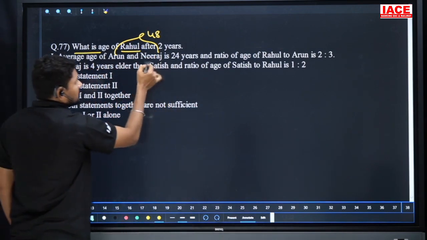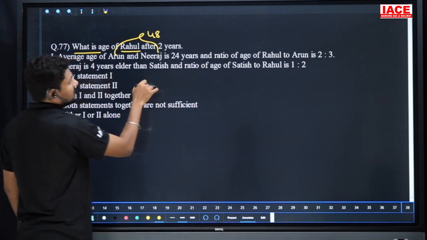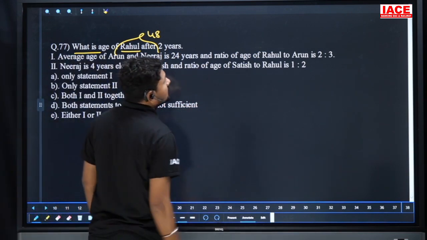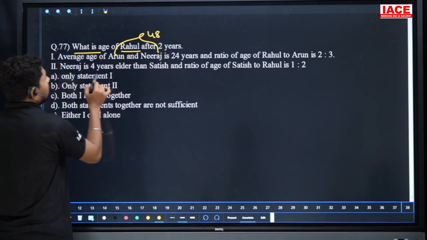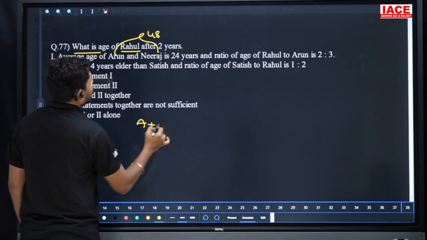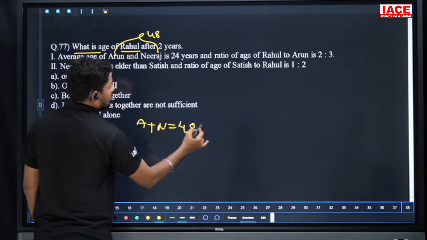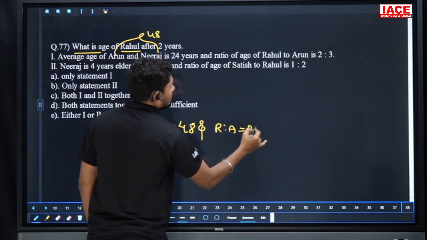And Neeraj also extra entered here. And Neeraj is 4 years elder than Satish. Again another person is entered. Then Satish and Rahul age ratio is 1 is to 2. Here Neeraj is 4 years elder than Satish. Here Arun, we are coming to the first statement. Arun Neeraj age is 48 and Rahul to Arun ratio is 2 is to 3.